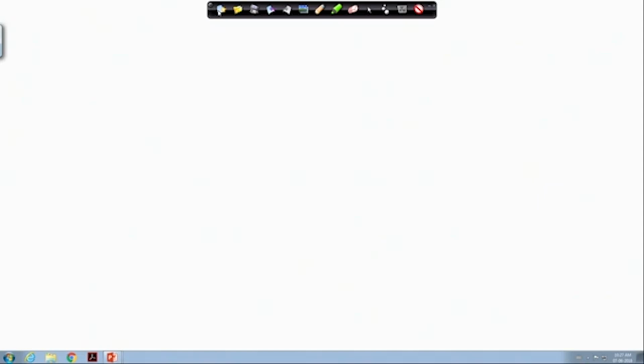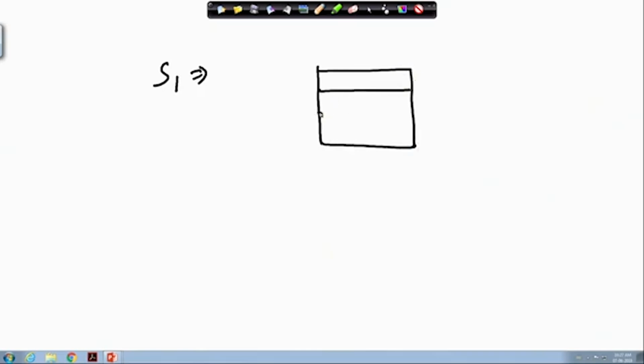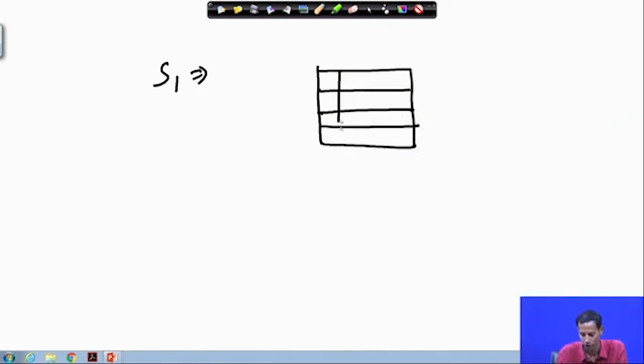Next, if I start with a new page, I have to find the next expression, that is, the expression for S1. For S1, again I draw the Karnaugh map. On this side this is A3 A2, this is A1 A0, this is 0 0, 0 1, 1 1, 1 0.